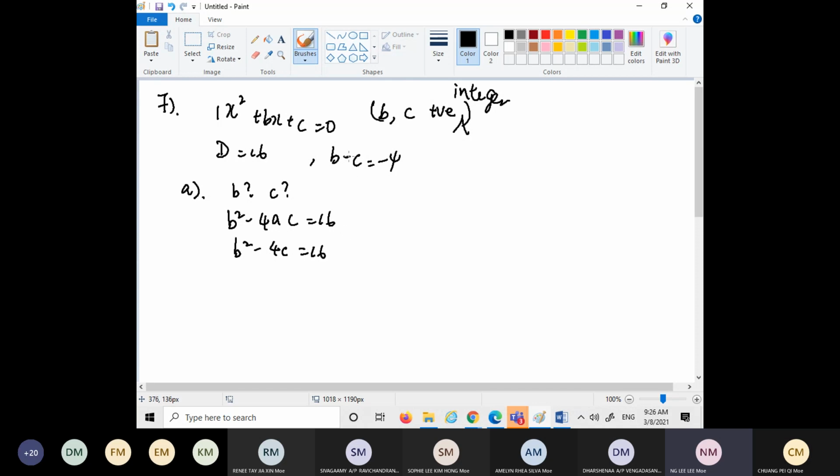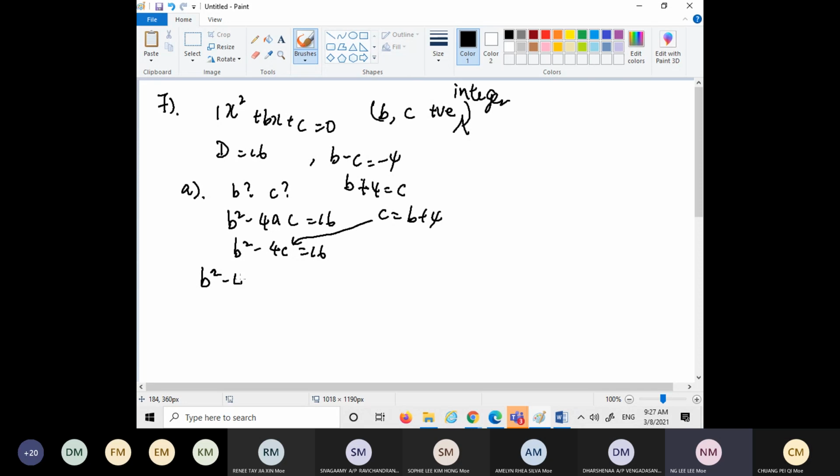Then I have b minus c is negative 4. I'm going to substitute. I bring the c to this side, and the 4 to this side, so c is b plus 4. I'm going to substitute into this equation.